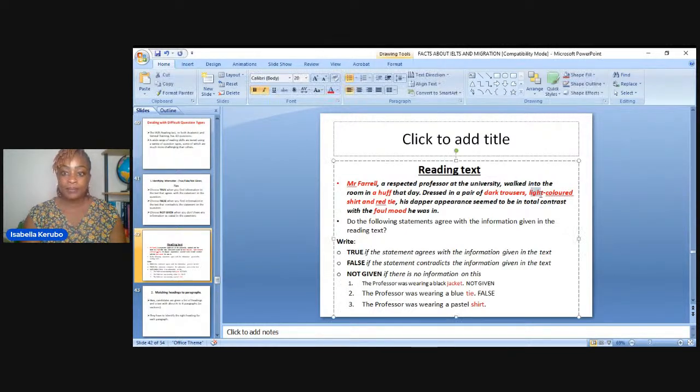This is what we are told about the shirt. I want to underline it. Yes, the light-colored shirt. But in the question, we are seeing a totally different name, which we did not read in the text.